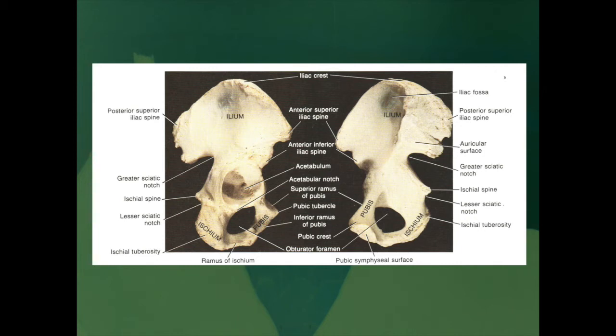The internal surface of the ilium, again, you have to look at it kind of from the medial side, so it's as if you're standing inside of that pelvic girdle. This is the iliac fossa. And again, fossa is an important term because it's those larger expanses, those larger areas where we're seeing major muscle attachments.